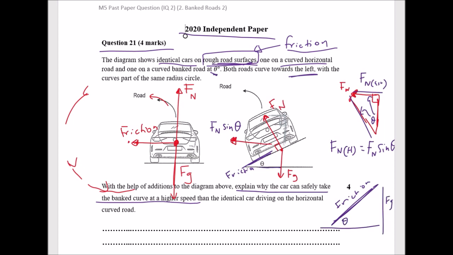This is theta. The force component I'm trying to look at is this horizontal component that's derived from our friction force, because friction is at an angle, so it should have horizontal and vertical components.